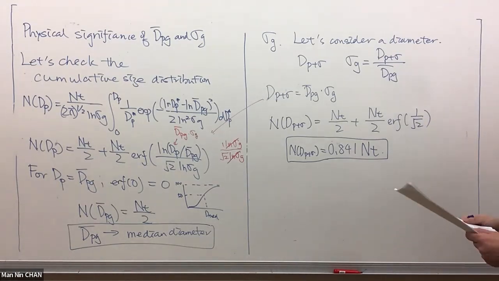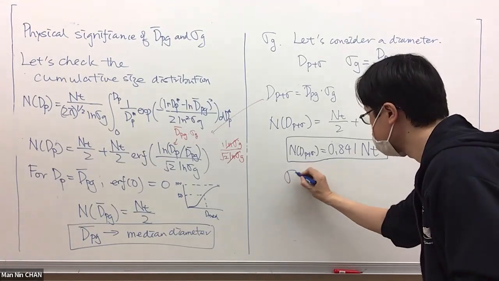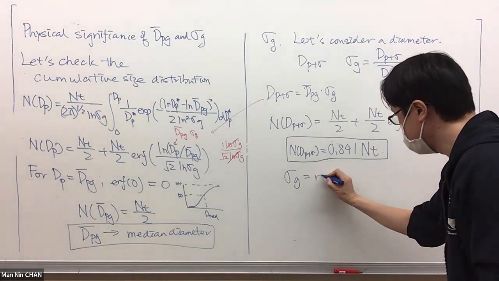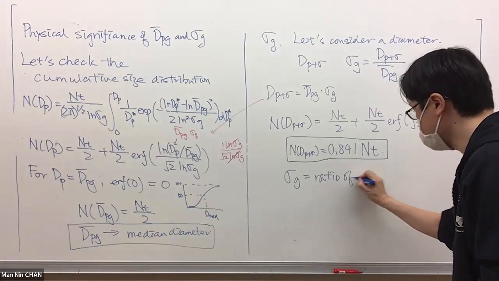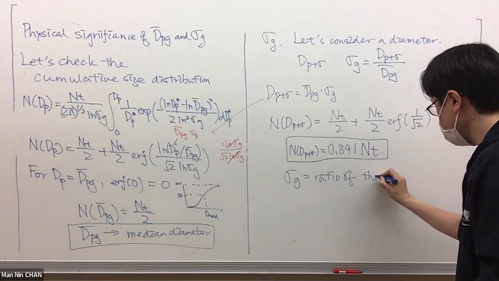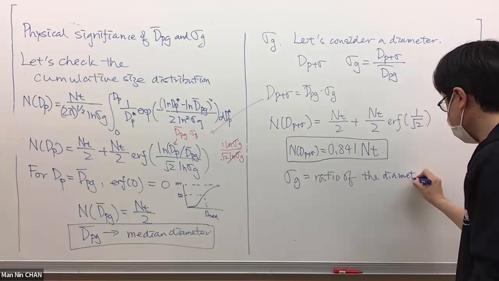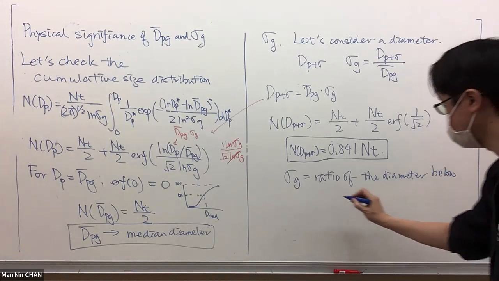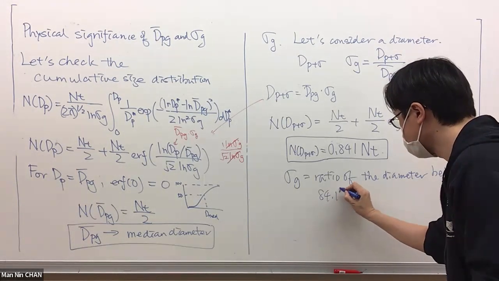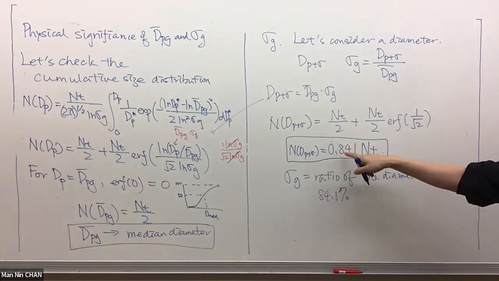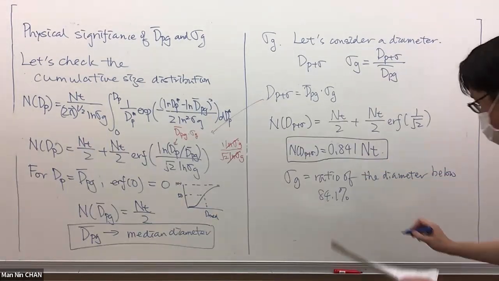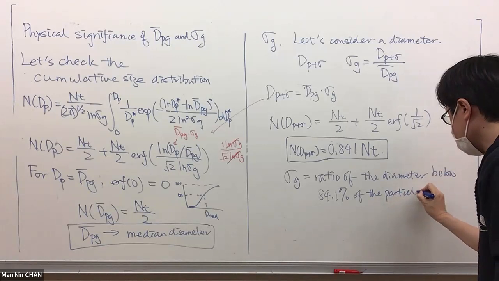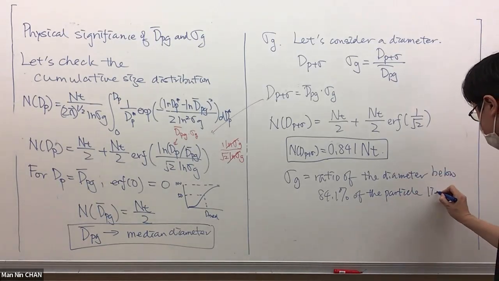Therefore this sigma g is a ratio of the diameters. More precisely, it is 84.1% of the particles.